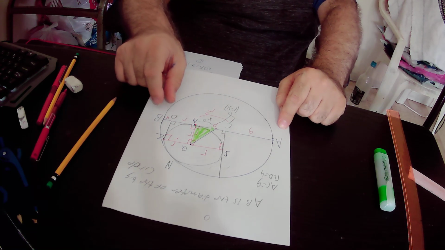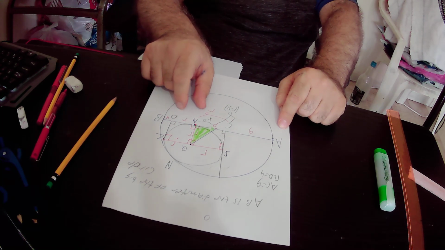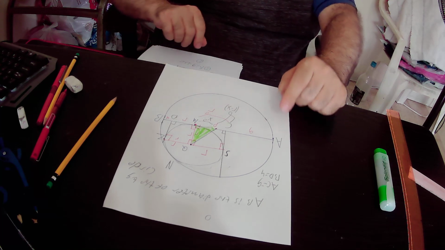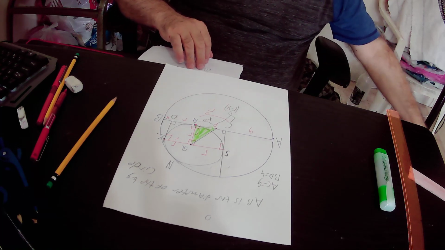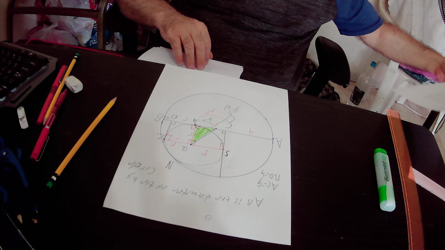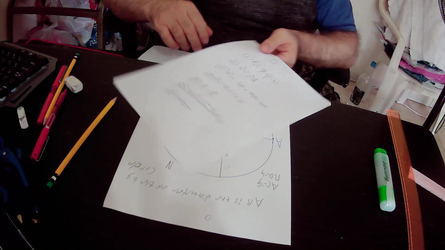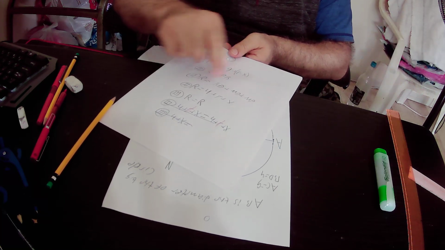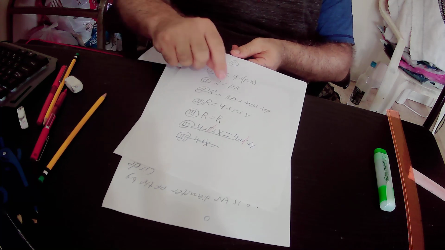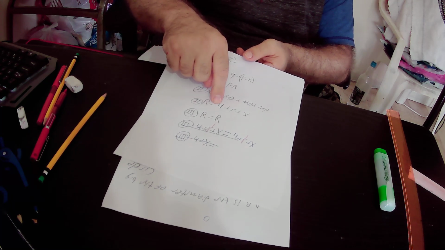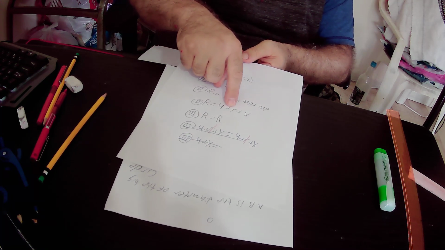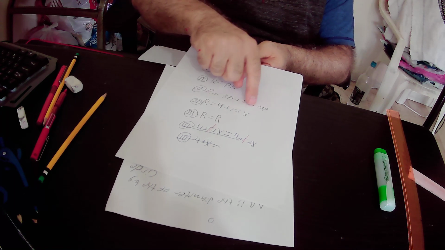PB actually equals BD plus MD plus MP. Okay, PB equals BD plus MD plus MP, but we know that BD equals 4 units, MD equals the radius of the circle, and MP equals x.